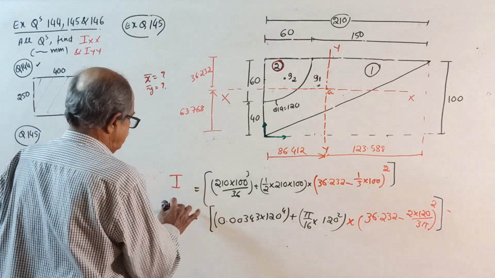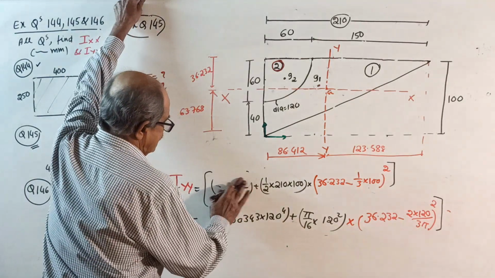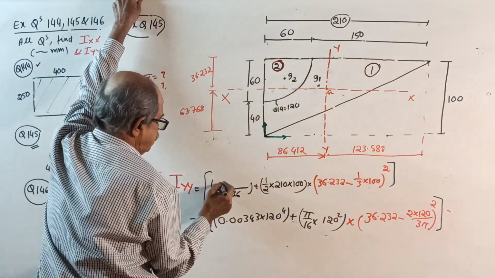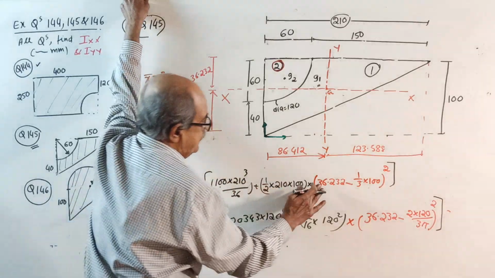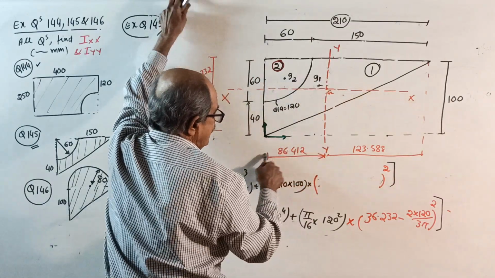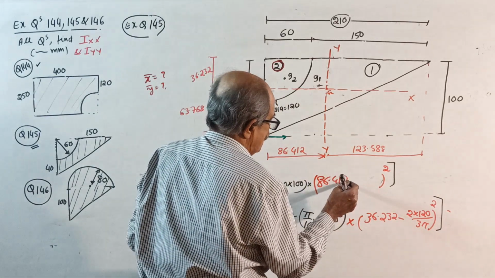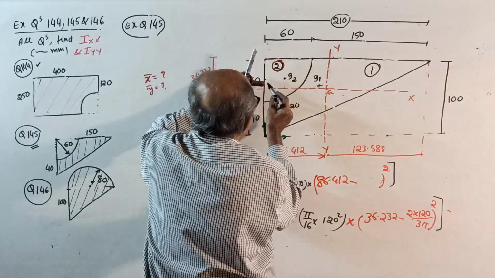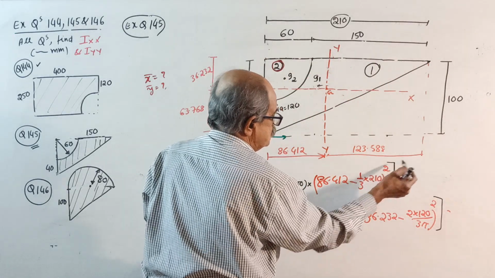Okay, now IYY. IXX over, you calculate IYY. I about its own axis: 100 into 210 cube by 36, plus area into, see, for YY you want G1 to here, this distance squared is 86.412 minus from here to here. This is 210. This is 1/3 of 210, whole square.